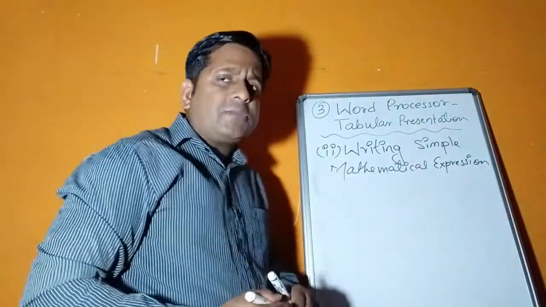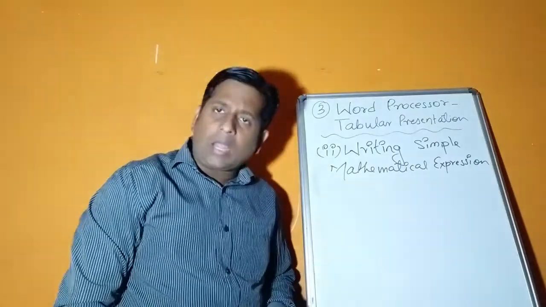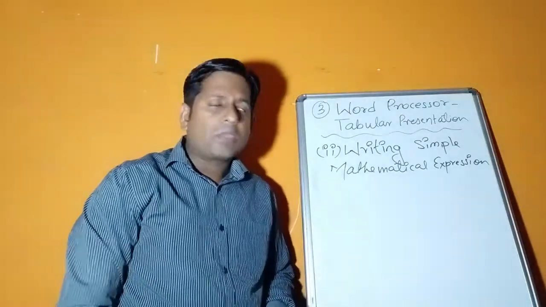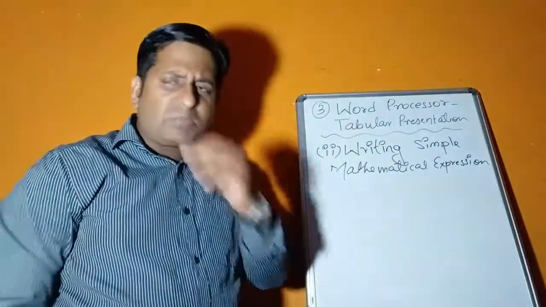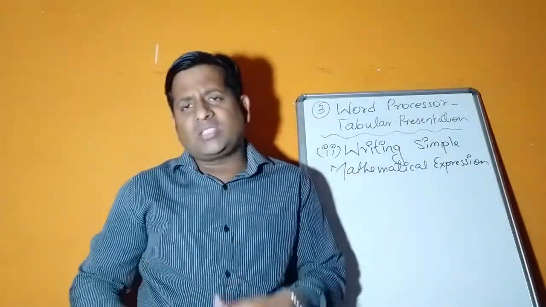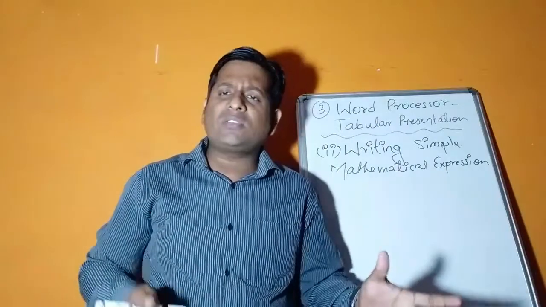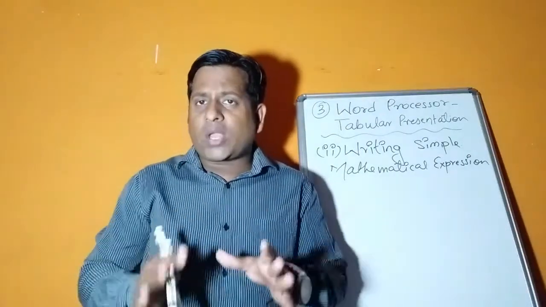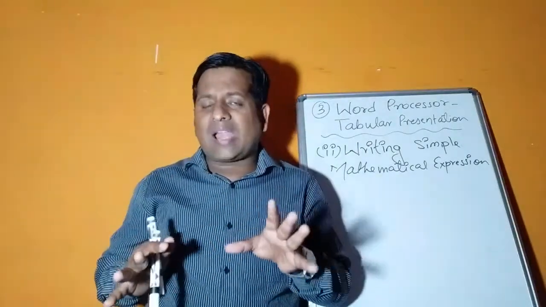So how we can write mathematical expression inside the table. Children, what are mathematical expressions? Means some calculations. Some formulas we can use, like for addition, subtraction, multiplication, division, and even simplification we can do in a table.